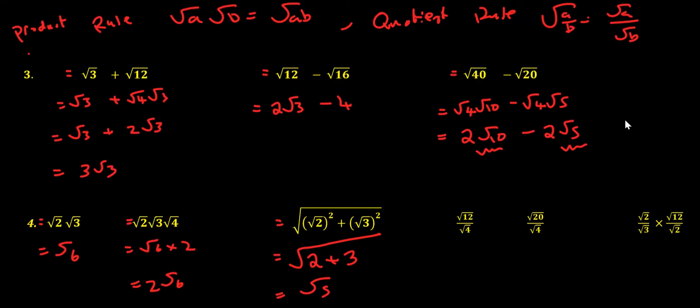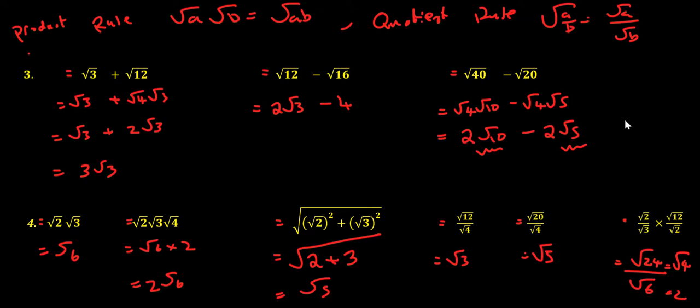Okay, so we can just divide straight out there to get the root of 3. Here we can just divide straight out to get the root of 5. And here we need to do some simplification. Now, we can either do this, the root of 24 over the root of 6, which is the root of 4, which is just simply 2.